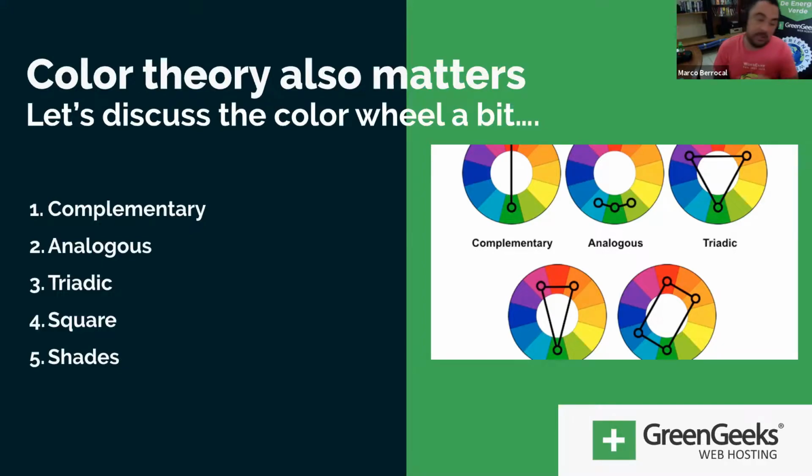So going back to the example of the logo, if I were to pick a logo and it's a kind of reddish color, and I want to use the complementary color with it, chances are I'm going to land with some green. Okay. Analogous colors means basically that they're next to each other.